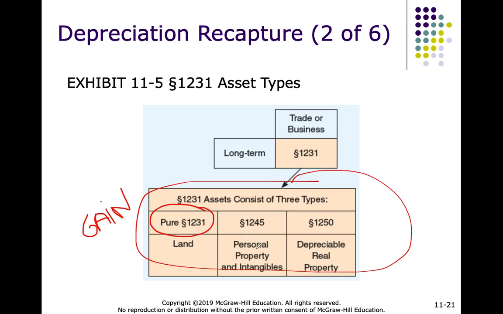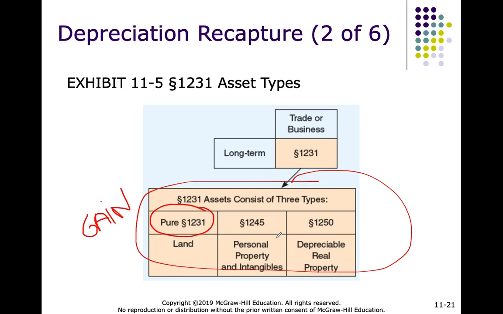If we're talking about personal property assets and intangibles, personal property doesn't mean that they're for personal use. They're actually trade or business. They're called personal property to distinguish them from real property. So personal property will be like automobiles, computers, peripherals, desks, furniture, fixtures. Some fixtures will be considered 1245.